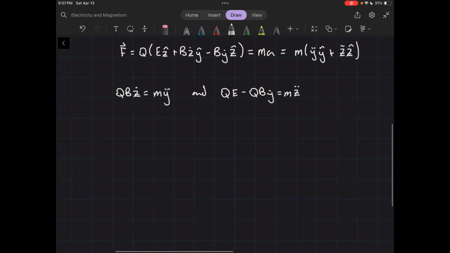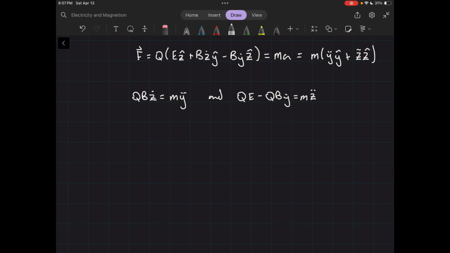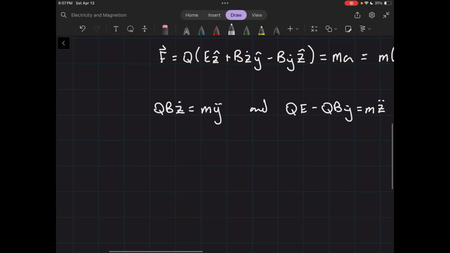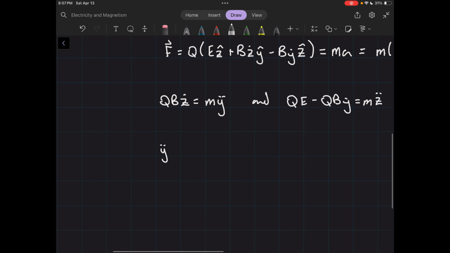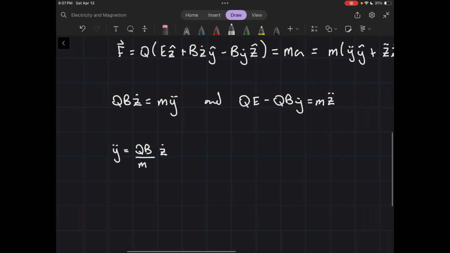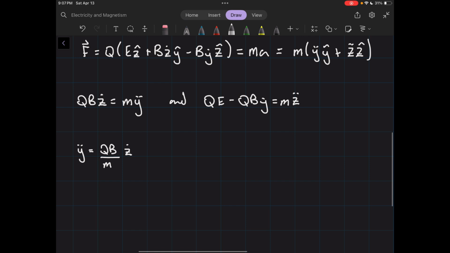Okay, so then we want to isolate the second derivatives. So we'll get y double dot equals QB over M z dot, and z double dot equals QE over M minus QB over M y dot.